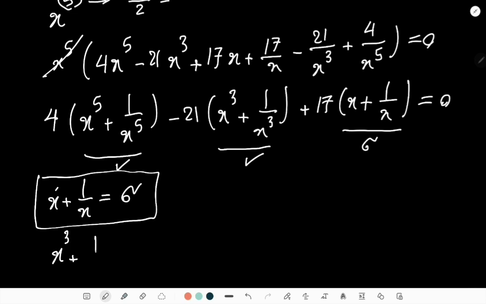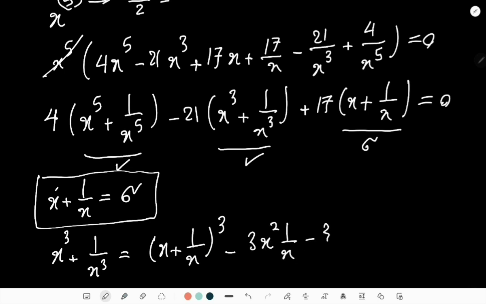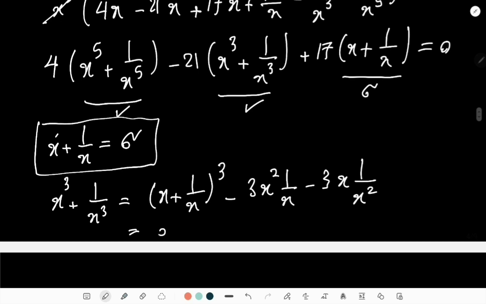This can be written with the help of the cubic identity as x plus 1 over x to the power of 3 minus 3x squared over x minus 3x times 1 over x squared, but that is nothing but sigma to the power of 3 minus 3 times x plus 1 over x, and that is precisely sigma, which gives me sigma cubed minus 3 sigma.